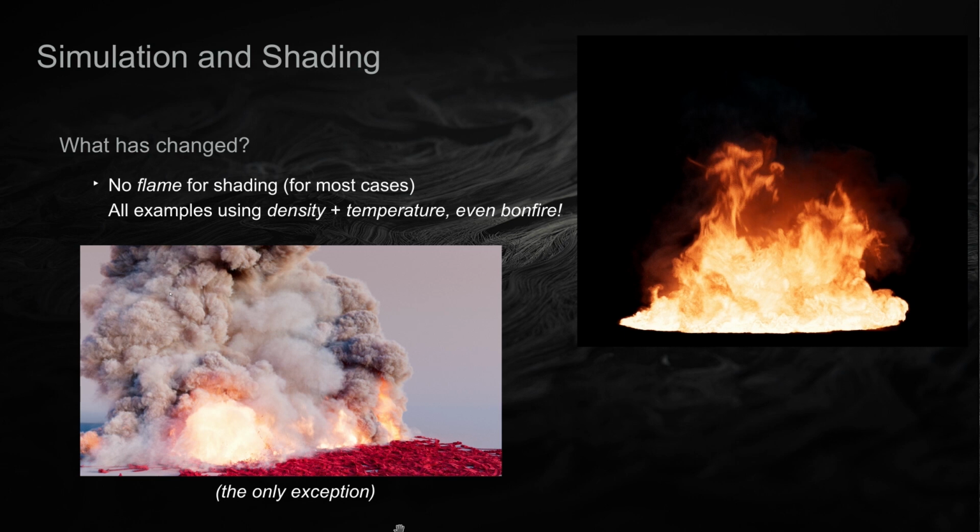Ian was sourcing in density, of course, from the firecrackers, but also temperature everywhere where you got density. That meant that we couldn't really just use temperature, because temperature is pretty much everywhere where density is.